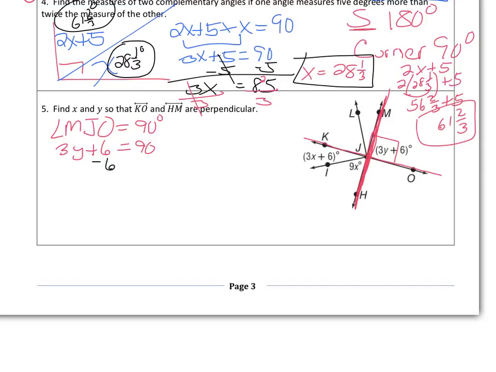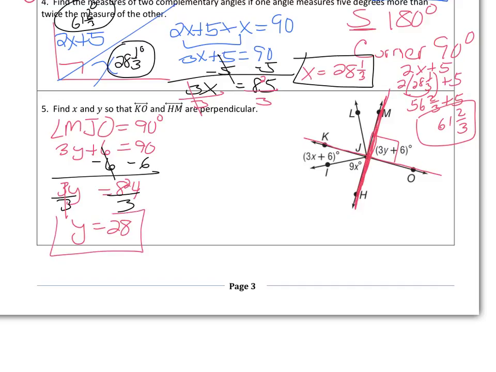And subtract 6 from both sides. And we have 3y equals 84. Divide both sides by 3. And we get y equals 28. So far we've found that y equals 28.